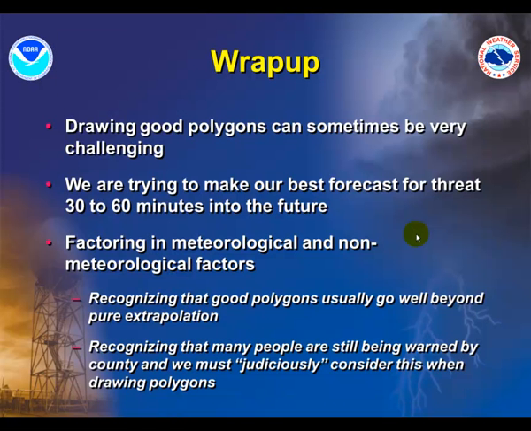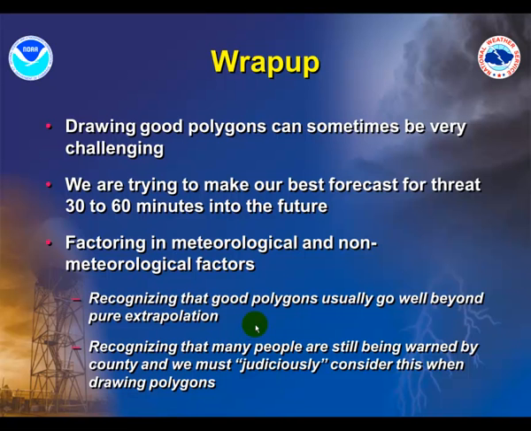So the wrap up, once again: drawing good polygons can obviously be very challenging at times. We are trying to make a forecast, not a pure extrapolation, but a forecast for the threat 30 to 60 minutes into the future. We are factoring in meteorological and non-meteorological factors when we're drawing these polygons, recognizing that good polygons go well beyond pure extrapolation.